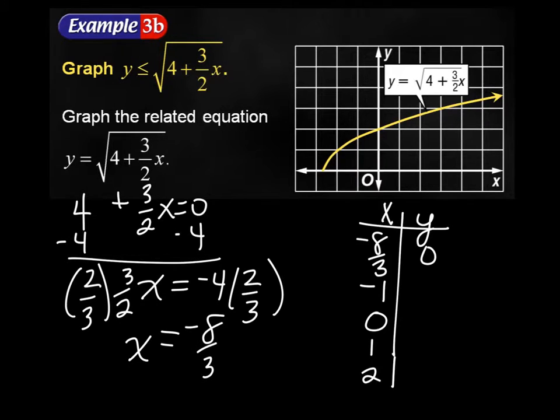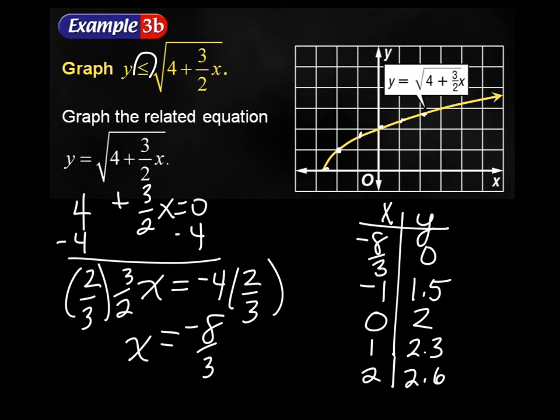So I know when I put in -8/3, I'm going to get out 0. -1 gave me 1.5. 0 is, of course, 2. Square root of 4 is 2, yeah. 1 is 2.3. And we can keep going forever if we want, but that's enough to get us started, plotting some points, and drawing a nice smooth line.